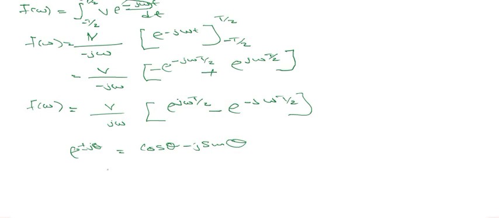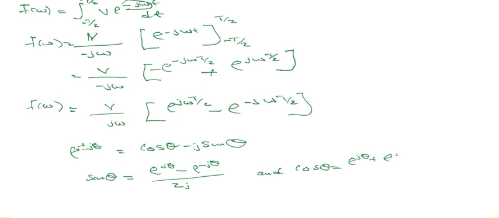We also know that sine theta is the same thing as exponential j theta minus exponential minus j theta all over 2j, and cos theta is equal to exponential j theta plus exponential minus j theta all over 2.